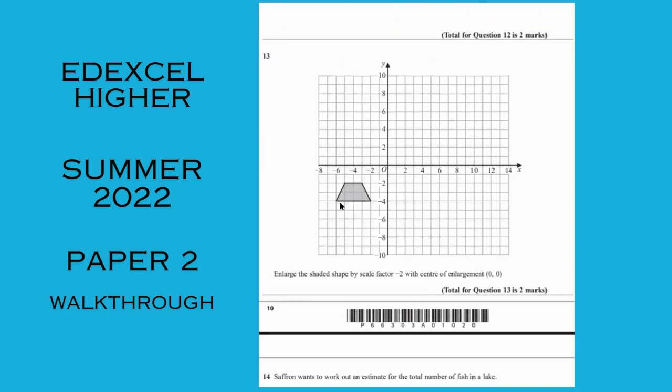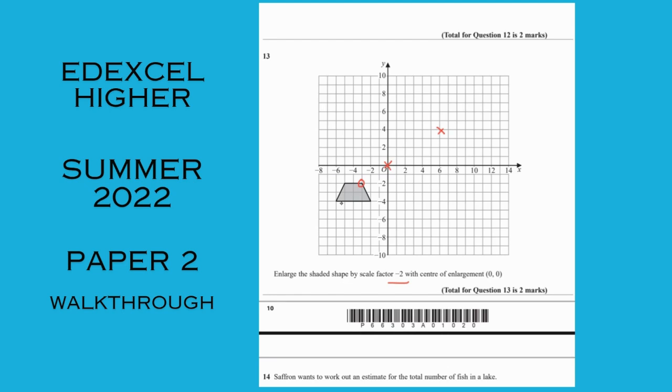Number 13, don't do raise for me, do it by counting first of all. So the centre is 0, 0. So if I count left 3, down 2, that means double it and go in the opposite direction. So it becomes right 6, up 4.